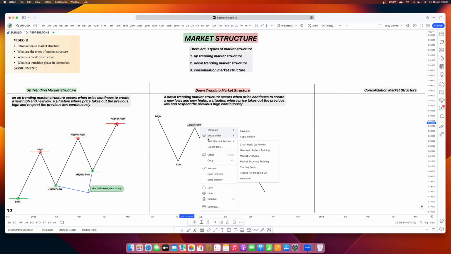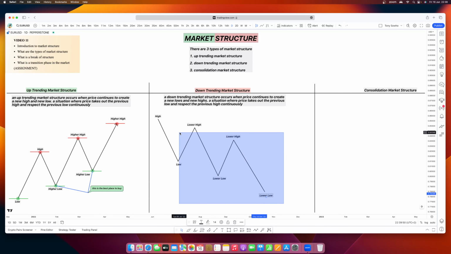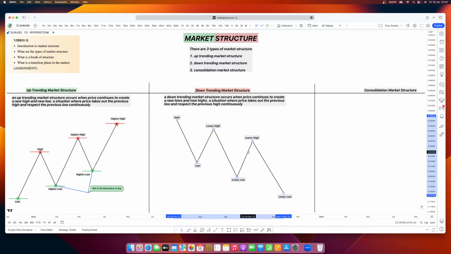So now we have this area here as the lower high, and this area here as the lower low. So you see, now the high, the lower high, the lower low, the lower high, and the lower low. So this is a downtrending market. You can see it's just the opposite of an uptrending market. So let me end this with an arrow.